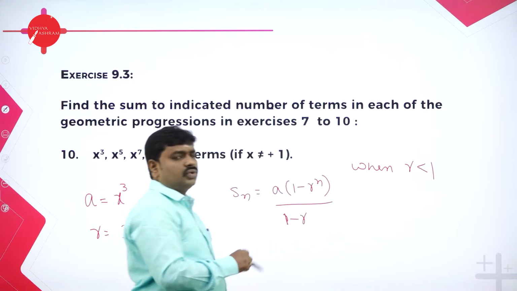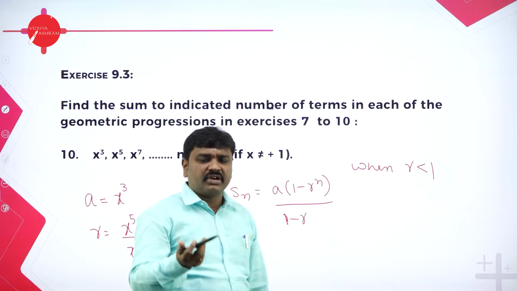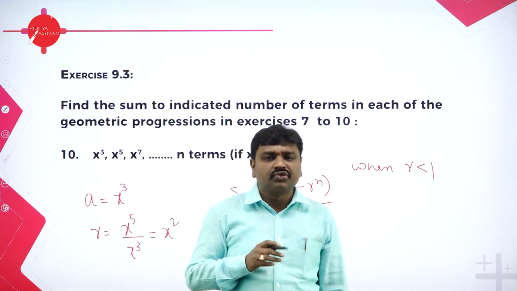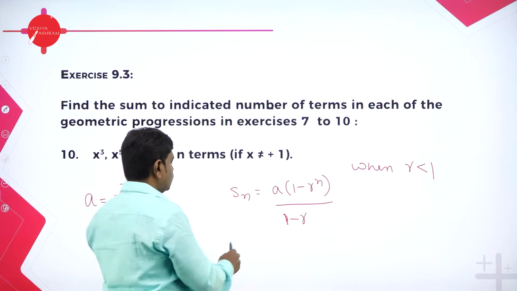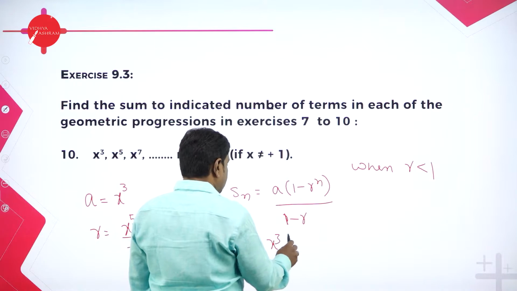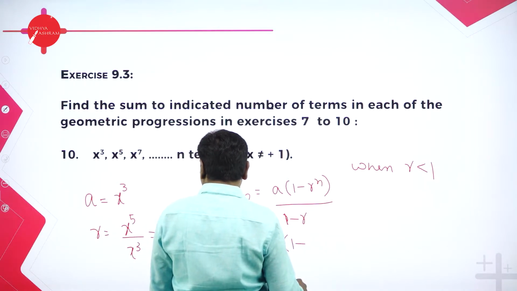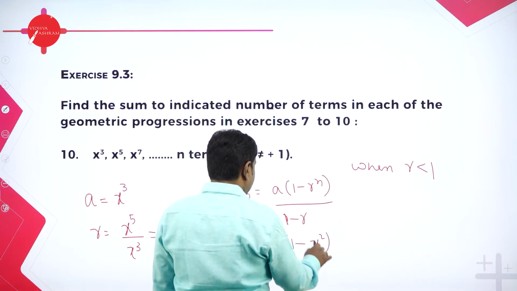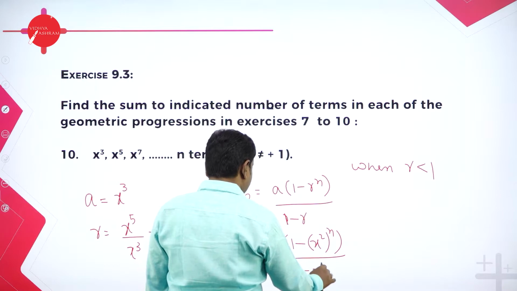See, here we don't know the value of x. They told x is not 1. Apart from 1, it may be any number. So we don't know whether the number is greater than 1 or less than 1, so we will solve both the cases. So the sum of n terms will become: a, the first term, is x cube, into 1 minus r power n. R, the common ratio, is x square, power n, divided by 1 minus x square.